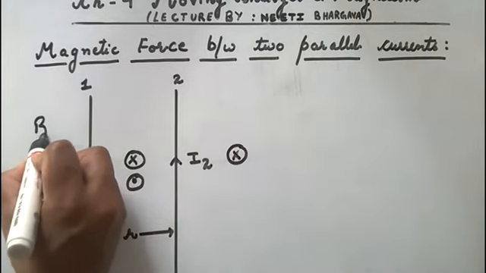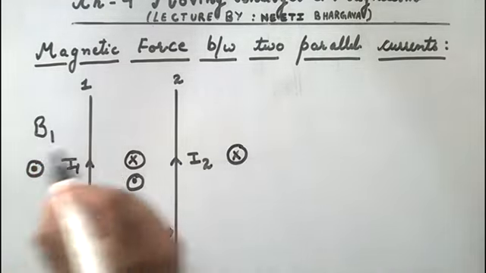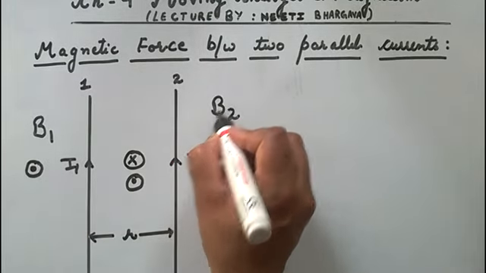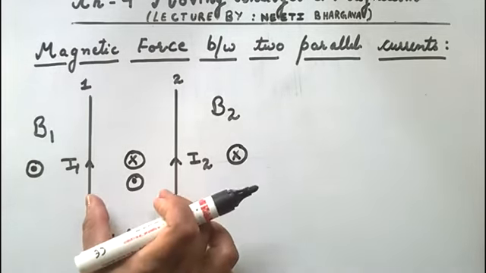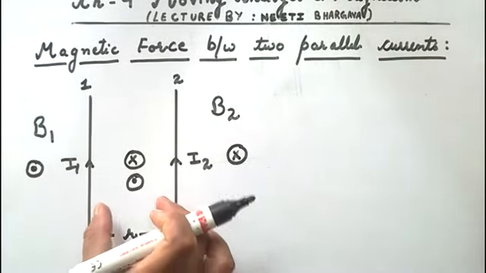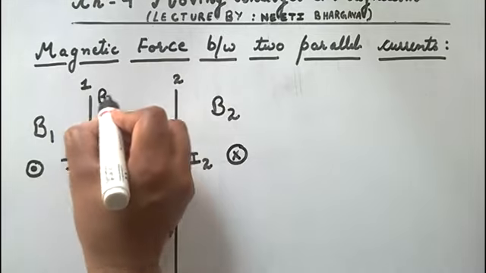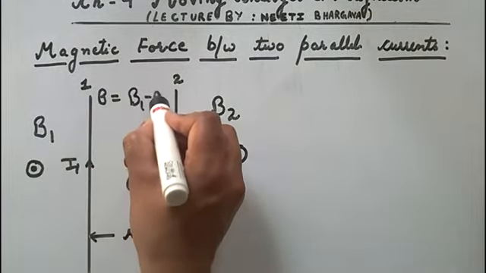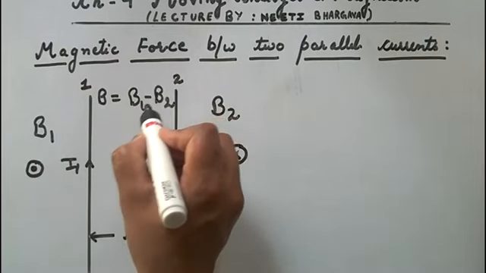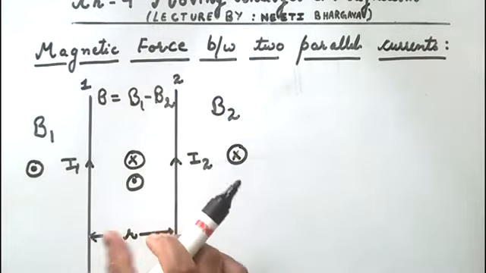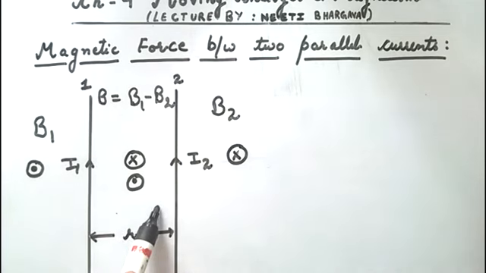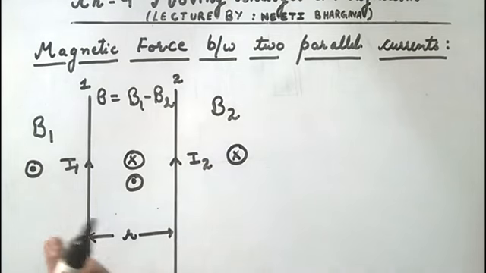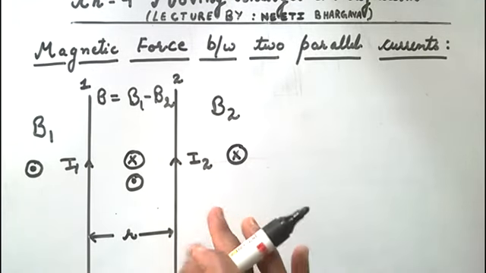Let us suppose this is magnetic field B1 at the left side, and at this side the magnetic field is B2. Therefore, the resultant magnetic field between these two conductors is the difference of these two, that is, the magnetic field is weaker than the magnetic field by an individual current carrying wire.